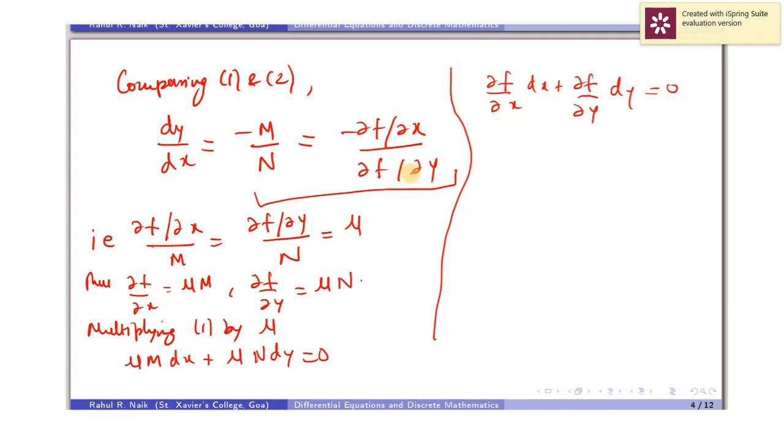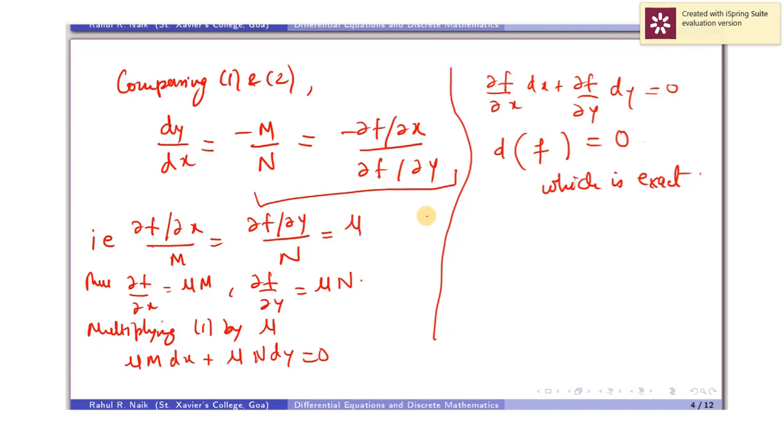As you know, we can find some f, and this can be written as the total derivative of f is equal to 0, which is exact. And this is the way we convert any given non-exact differential equation having a solution to an exact equation by choosing the right integrating factor.